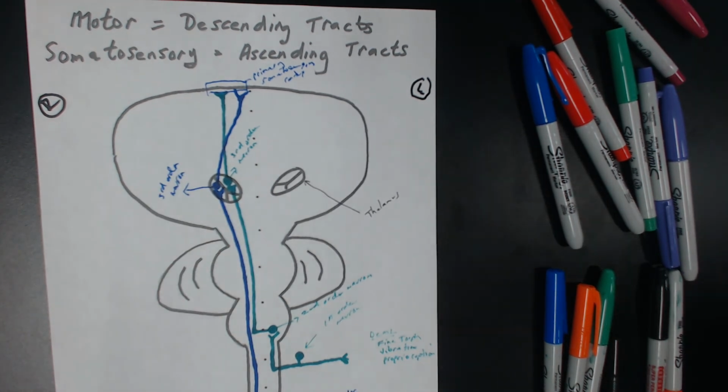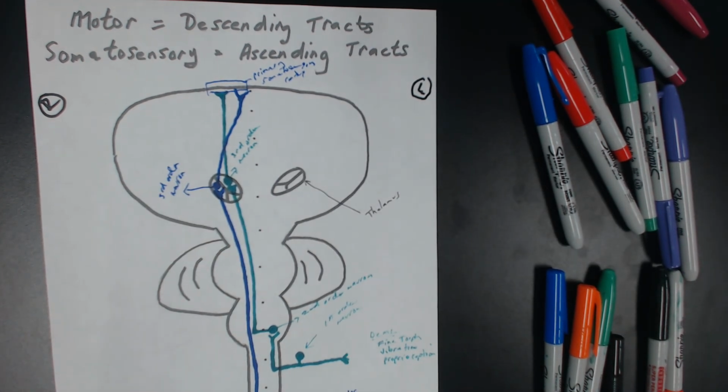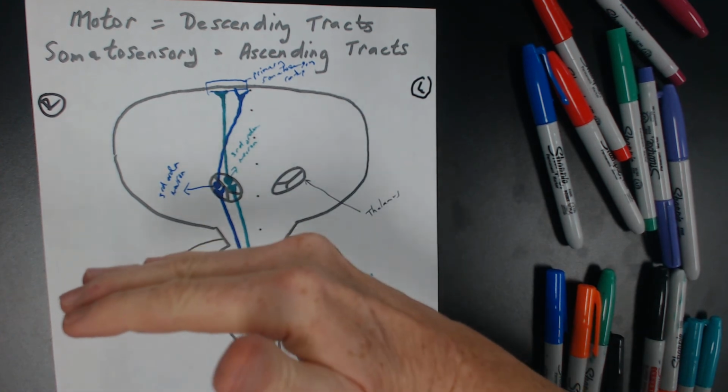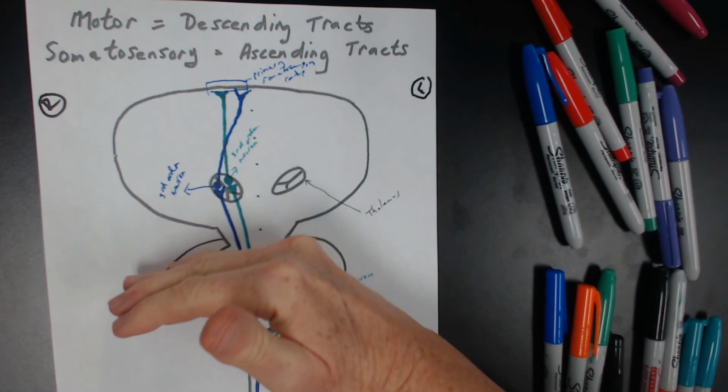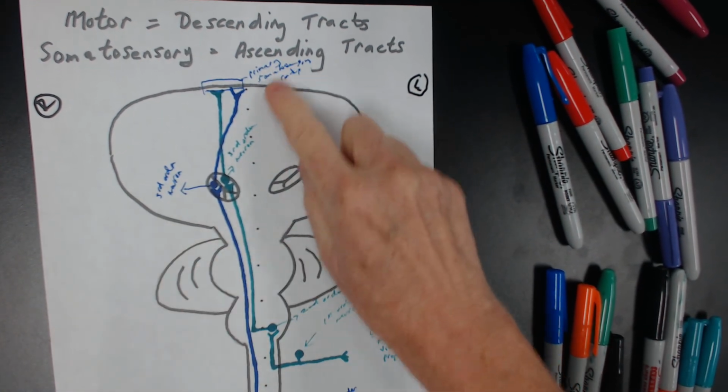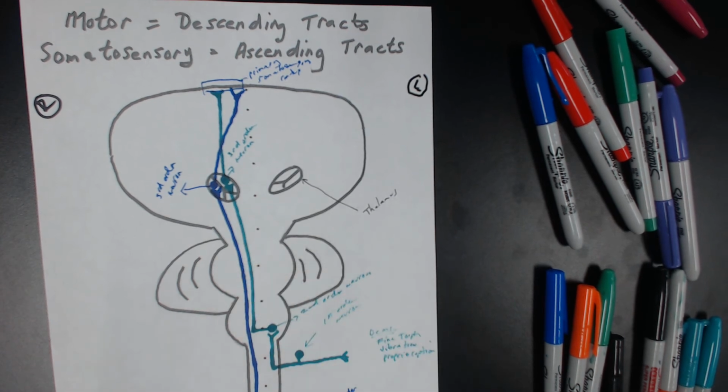Does the fact that it doesn't decussate until it gets to the medulla affect where on the body that affects you contralaterally? Yes, you're getting there. Yes, we'll get there. Okay. Yes. So, in other words, if I have a lesion here at the level of the pons, you can see that both STT and DCML would be affected on the same side of the body.